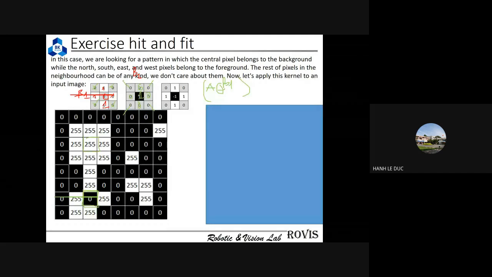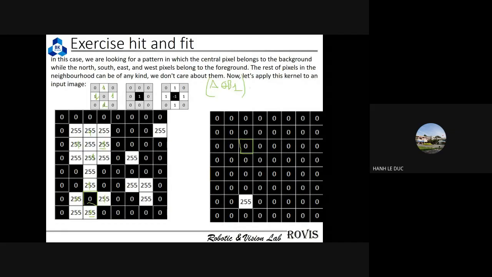When we erode with B1, we just care about the ones. So this is one position, because 1 1 1 1 here, and another is 1 1 1 and 1 here. So after the first step, A erode B1, we have two positions.